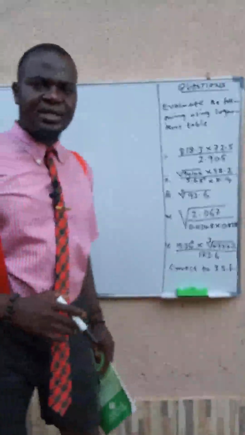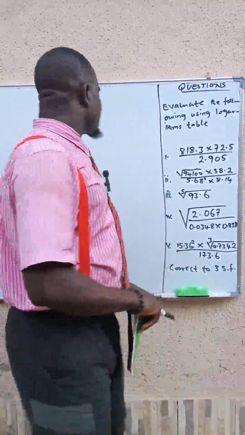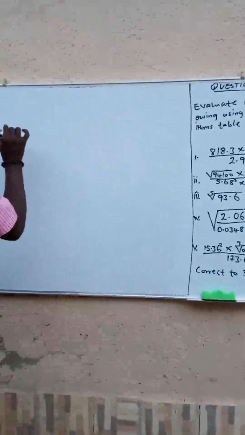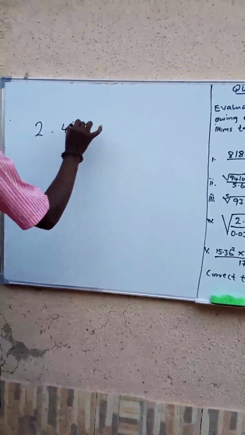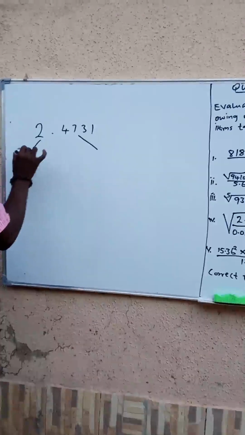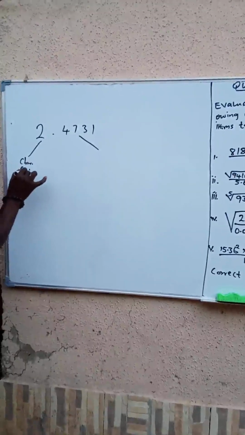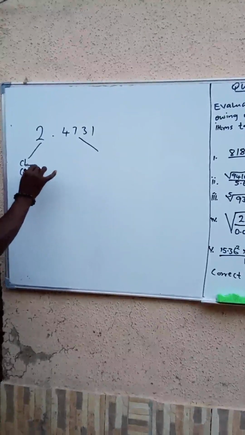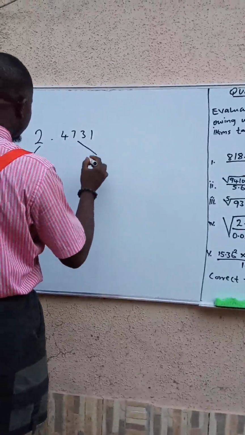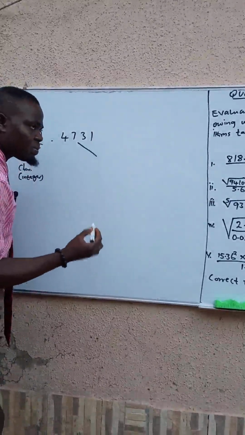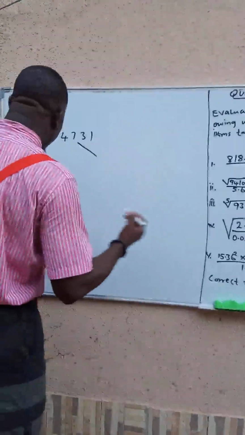One thing you should also understand here, as we have started logarithm greater than 1 using mathematical table, is that we have two parts, like 2.4731, for example. This side is called the characteristics or integer. I told us when we did introduction to indices that integers are whole numbers, positive numbers, negative numbers, including 0.